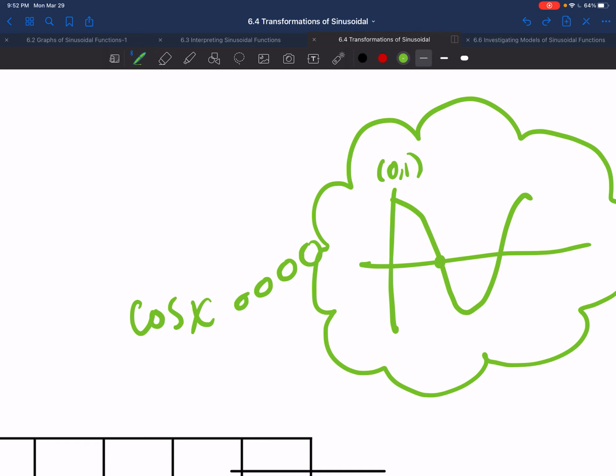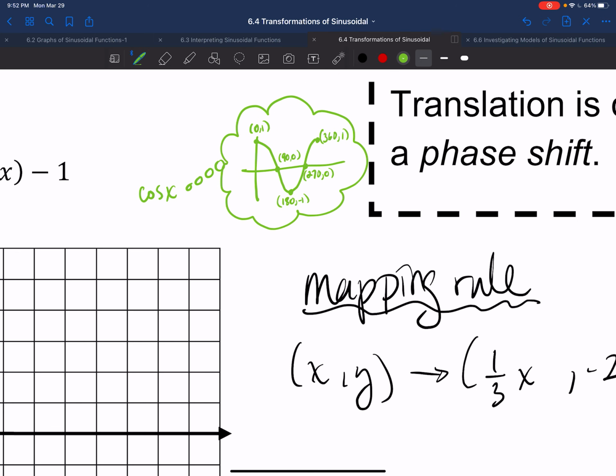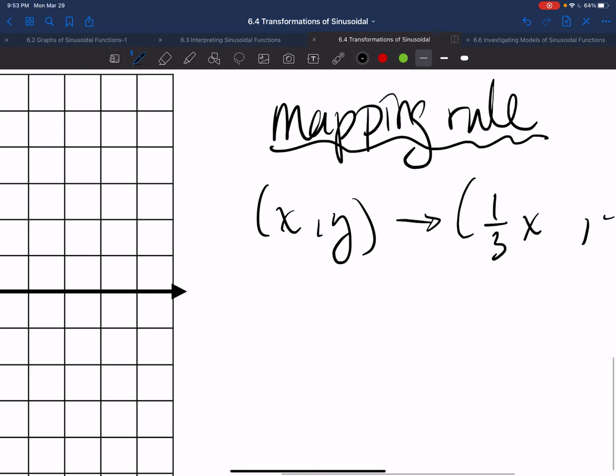And we have 90, 0, 180, -1, 270, 0, and 360, 1. So if you remember those points or can redraw what cos x looks like, which you should be able to, you need to then take those points and put them through the mapping rule.